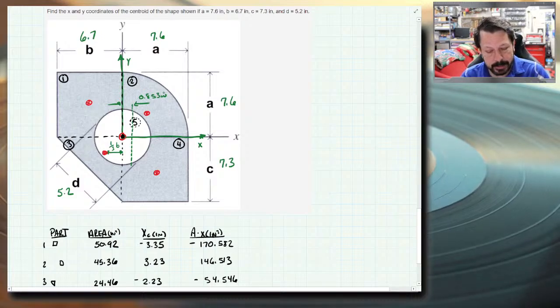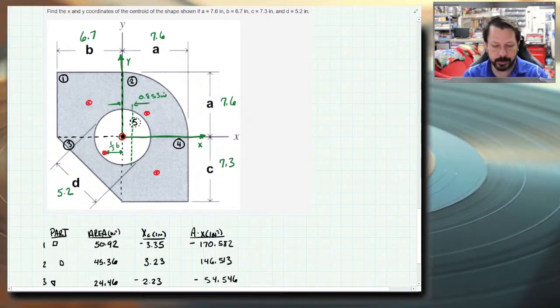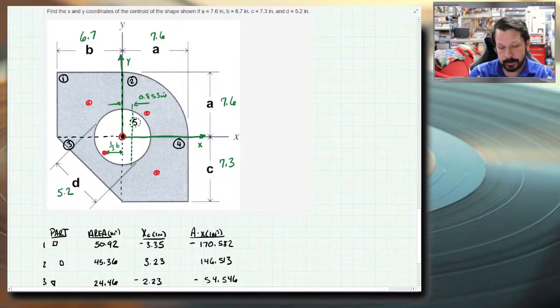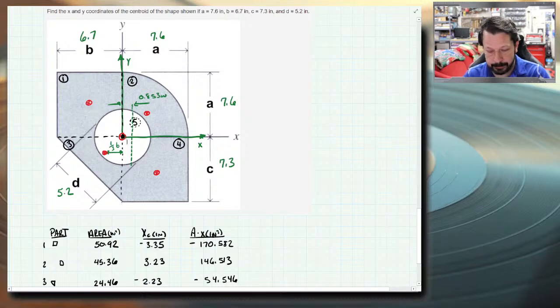And that seems reasonable because it's more or less a symmetric shape. You know, it's got the triangle versus the quarter circle. The quarter circle and the right-hand side seem to be a little bit wider than the left-hand side if you look at the dimensions. So it does make sense that the centroid is probably shifted a little bit to the right of the origin of this coordinate system.